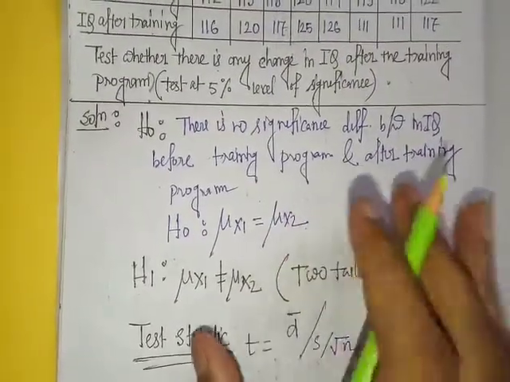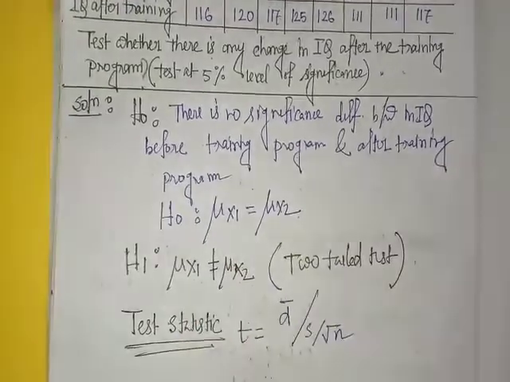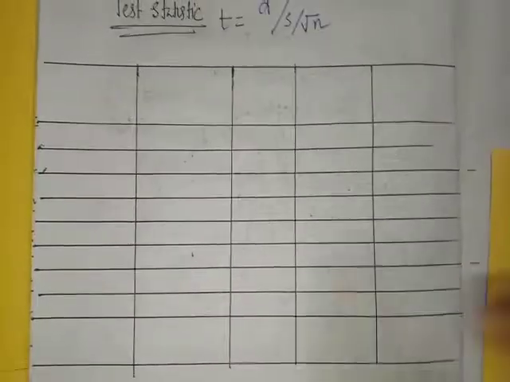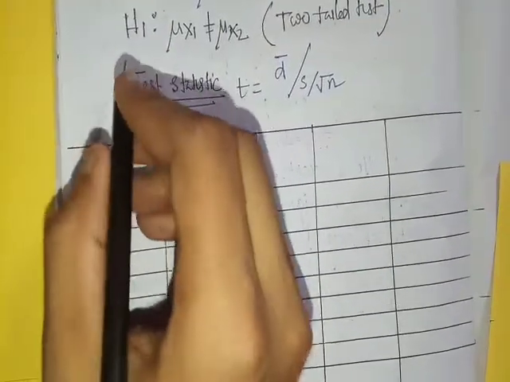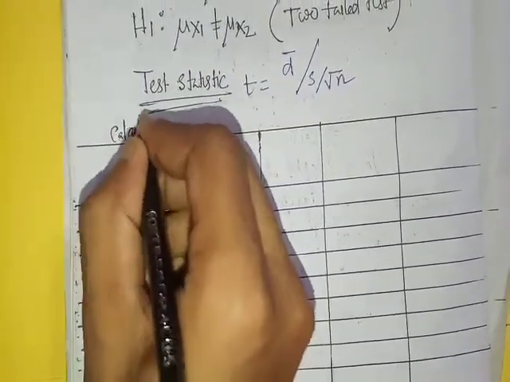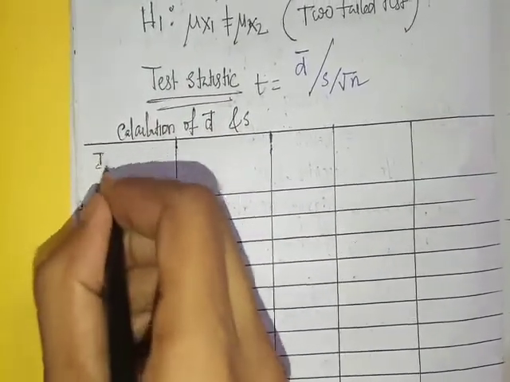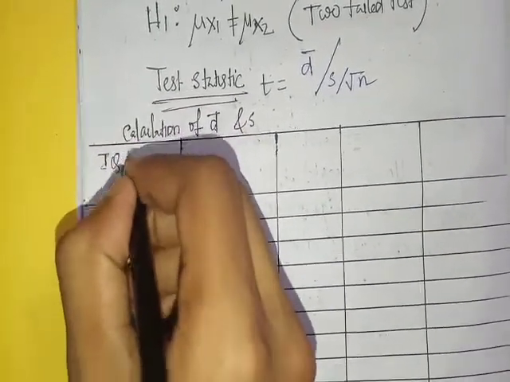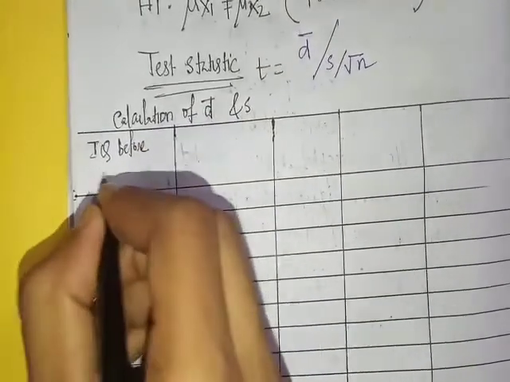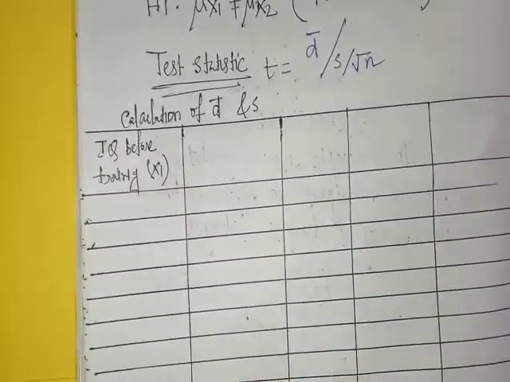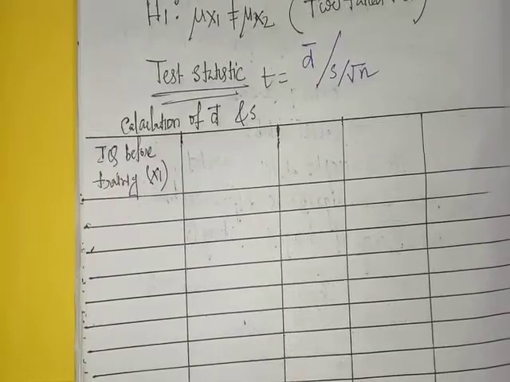Now we will construct a table for finding the value of d bar and s. Calculation of d bar and s. This is IQ before training, which we denote by capital X1.